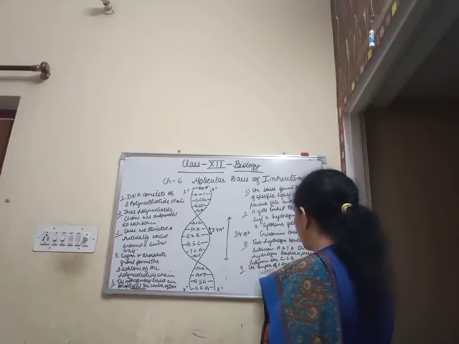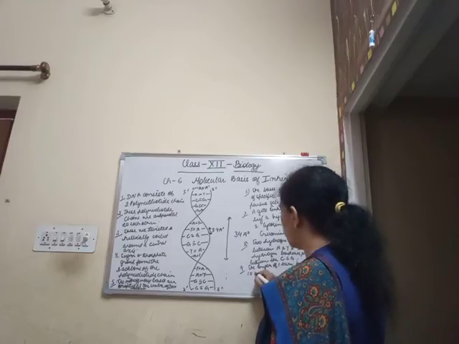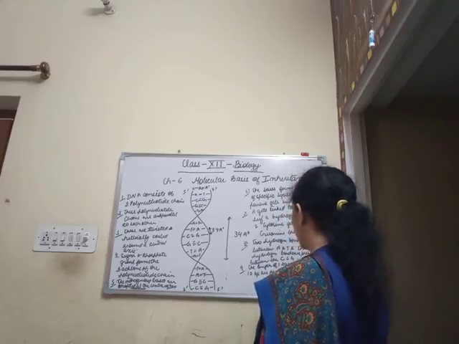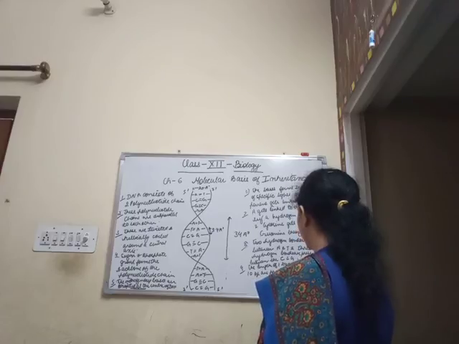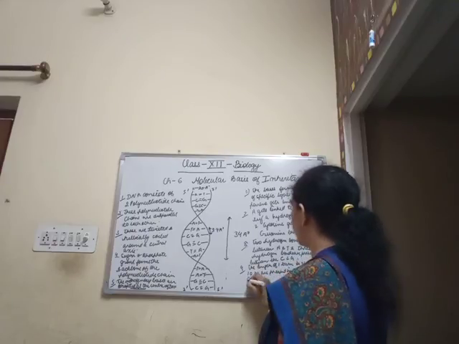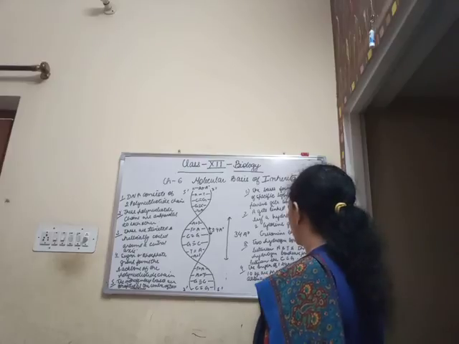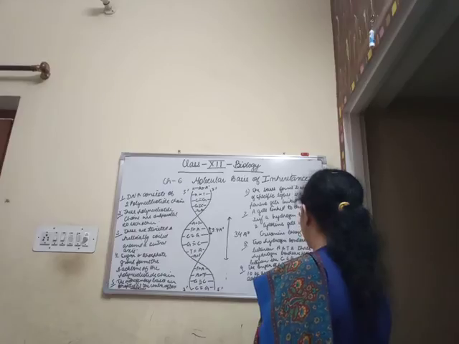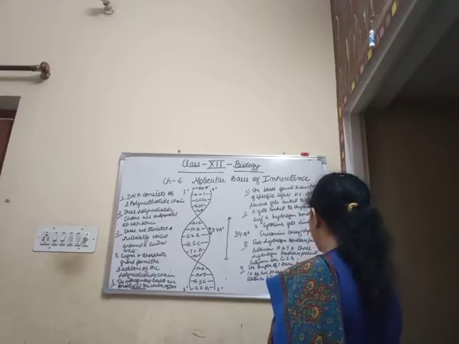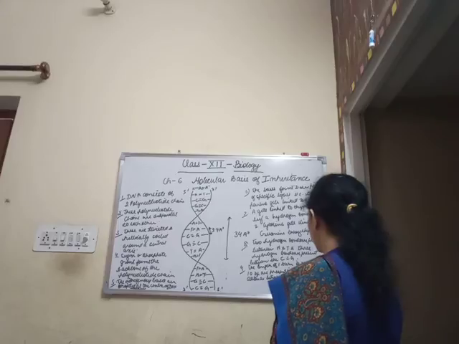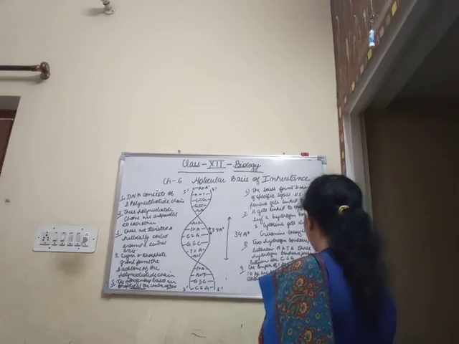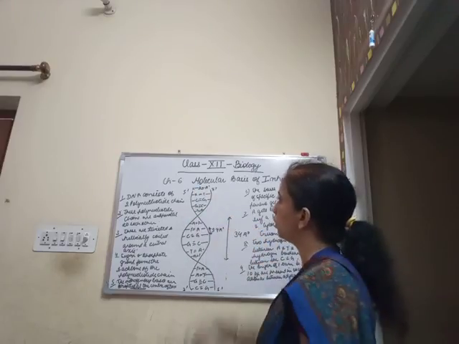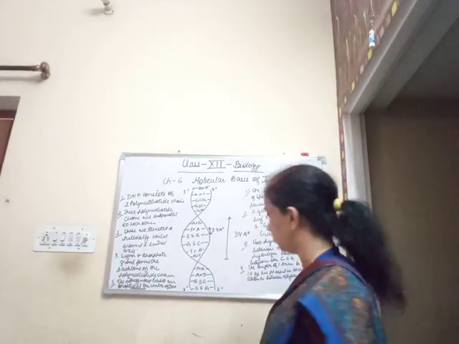Since 10 base pairs are present in each turn, hence the distance between adjacent base pairs is 3.4 angstrom. Okay, then the diameter of the molecule is 20 angstrom.